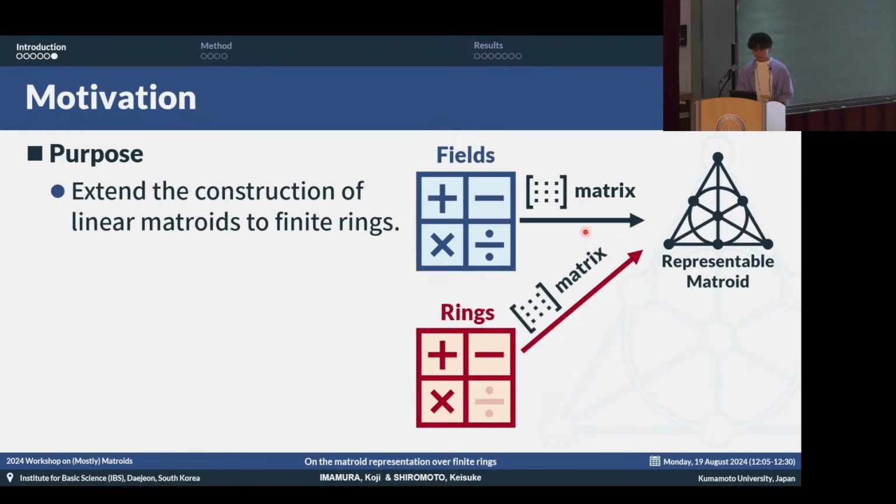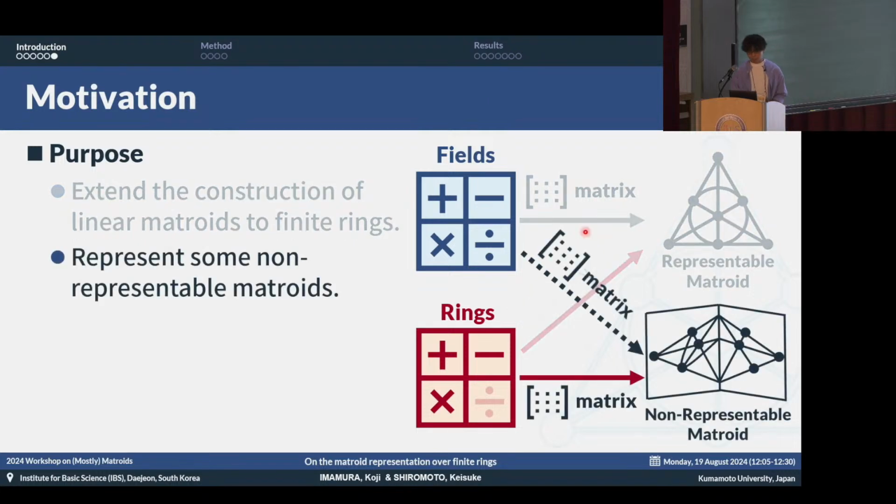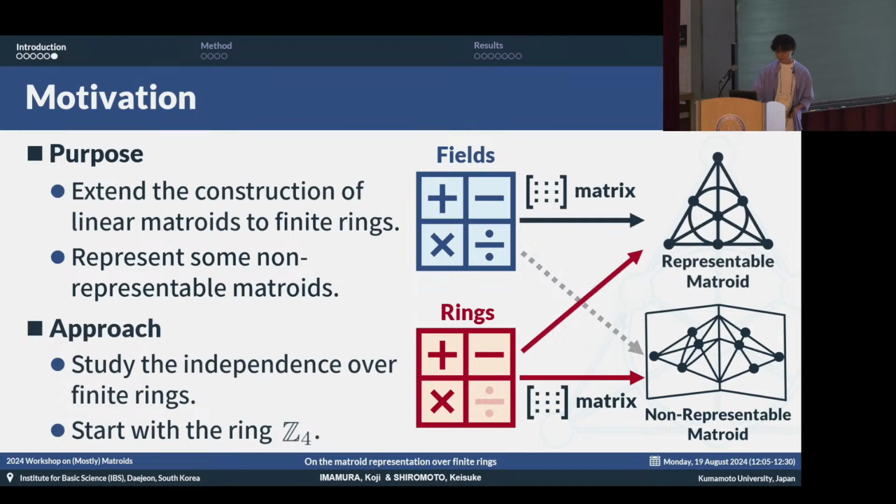Our first purpose is to give some representation using a matrix over finite rings, just as over finite fields. Then we would like to construct matroids that are non-representable over any finite field, but representable over some finite rings. To achieve those goals, we studied independence over finite rings.